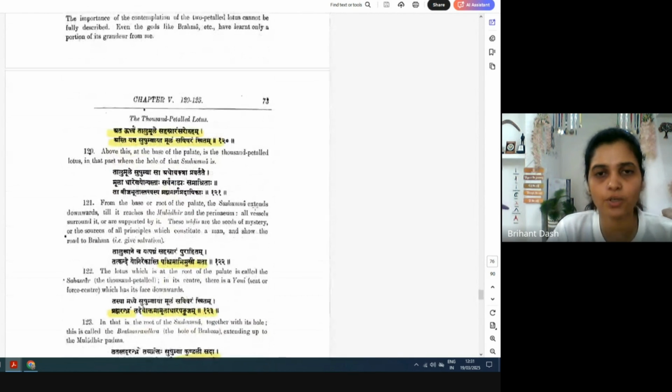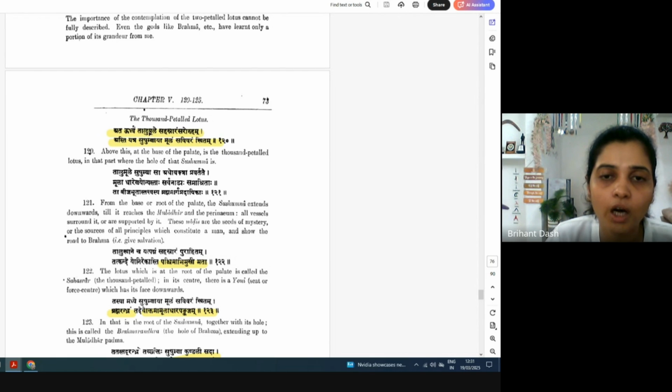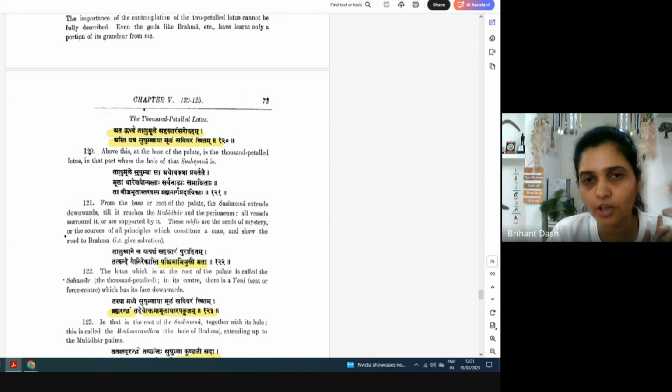So here comes your Sahasrar. Atah Uddharva Talu Mule Sahasraram Saroruham Asti Yatra Sushmana Mul Saviraram Stitatam. Above this, at the base of the palate, where your Talu Mule is, and we saw that it's a Vivarstan of the Shushmana and it enters into the Kapalaguram.